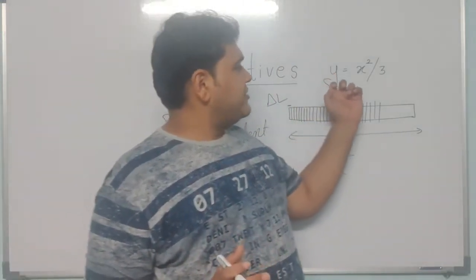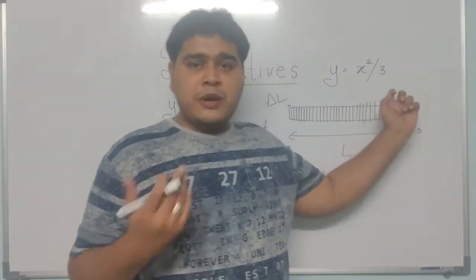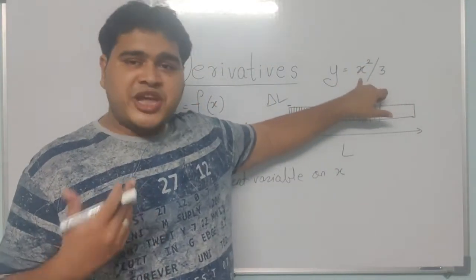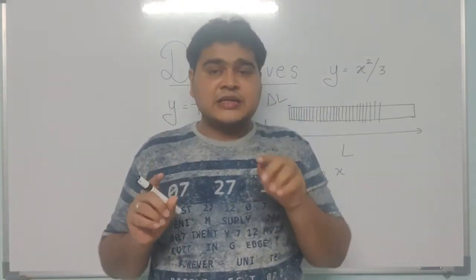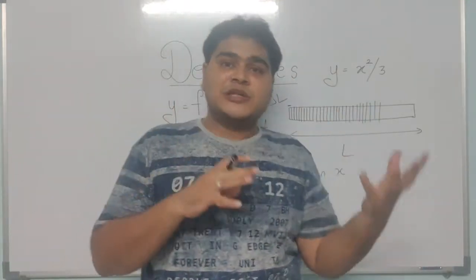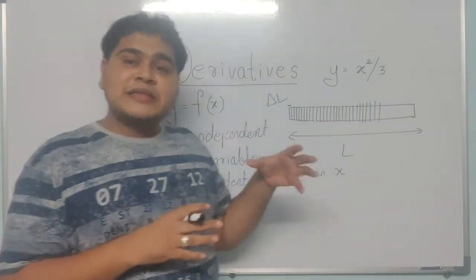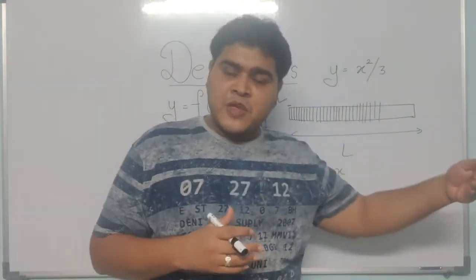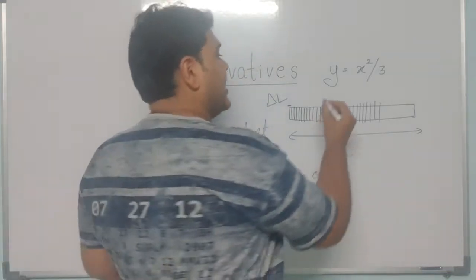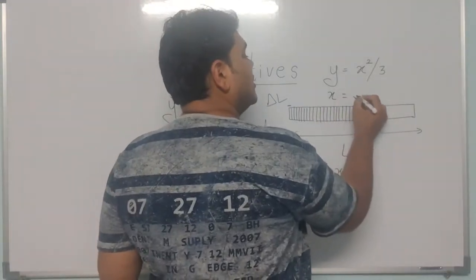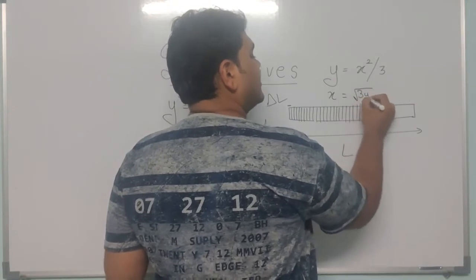Okay. So when I say y is equal to x square by 3, I mean that if x is changed, y will change. But you can never say, guys, that if y changes, then x will change, because here y is a function of x. Now, if you want to actually write for y, I can write x as root 3y.